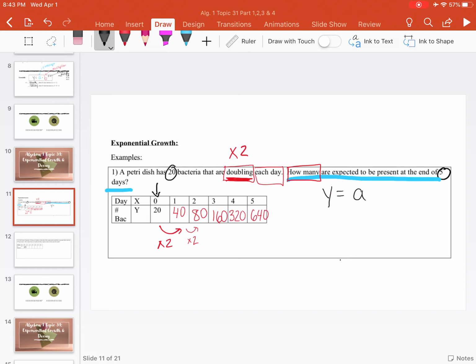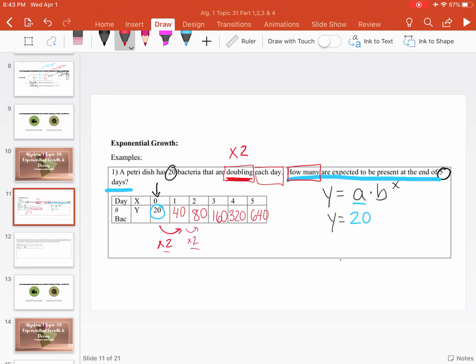We know that exponential functions can be modeled by y equals a times b to the x, where a is my y-intercept, or the value that I initially start with. So I initially start with 20 bacteria, so I'm going to plug that in here. b is my multiplier, so it's what I'm multiplying every single time.